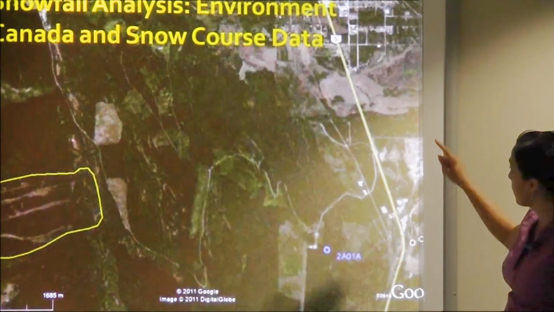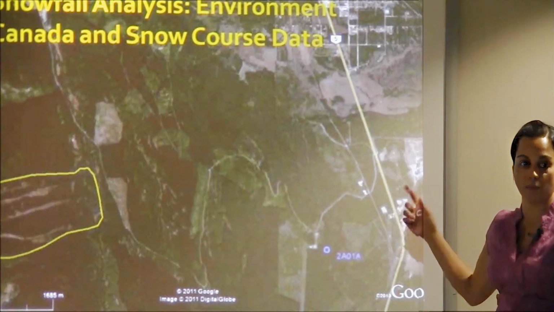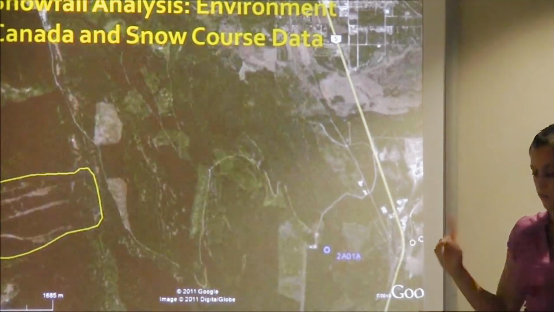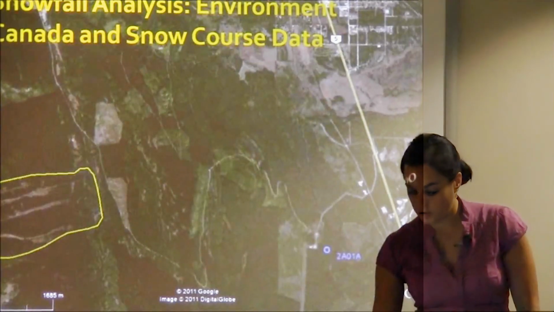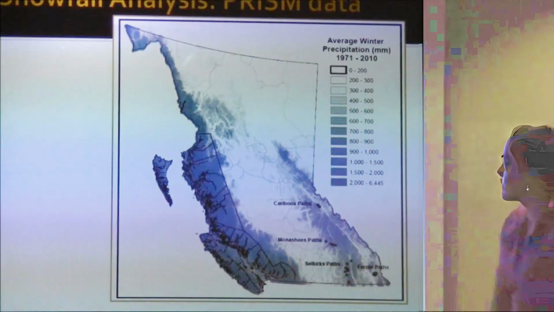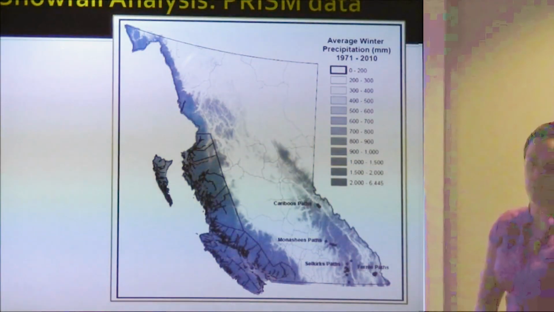The second source is that Environment Canada maintains weather stations in valley bottoms, so in most of the communities and airports. So we're using these 2 data records along with a third one, which I'm going to show right here. This is a schematic of what's called the PRISM data set. It's developed by the folks at Oregon State University.